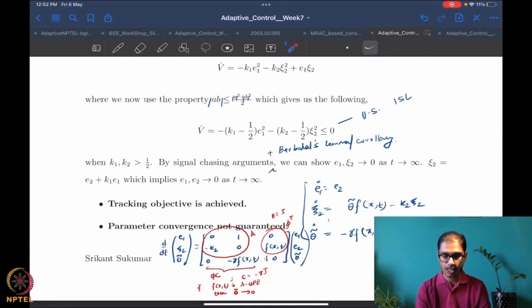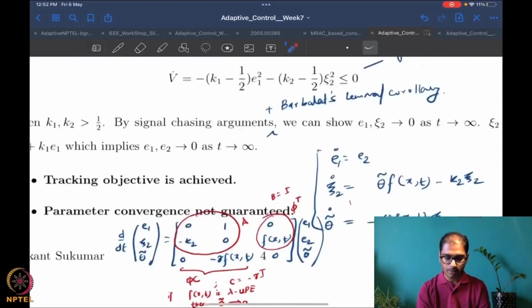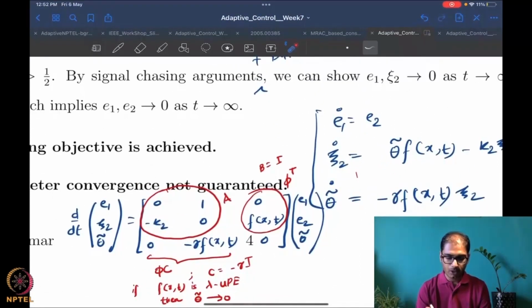So there are also conditions under which you will get convergence of the parameter. Remember that whenever you talk of persistence of this signal which contains a state, this is indirectly connected to the persistence of the reference trajectory, because the state is trying to track a reference trajectory.